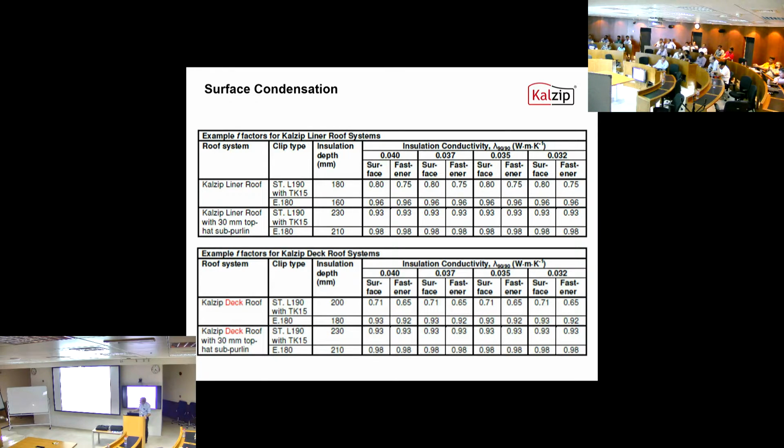You can see with the E-clips, the F factor is always greater than 0.9. With the aluminium clips, the F factor reduces slightly. So depending on which building class you're involved with in terms of the humidity, there could be a risk of surface condensation forming.